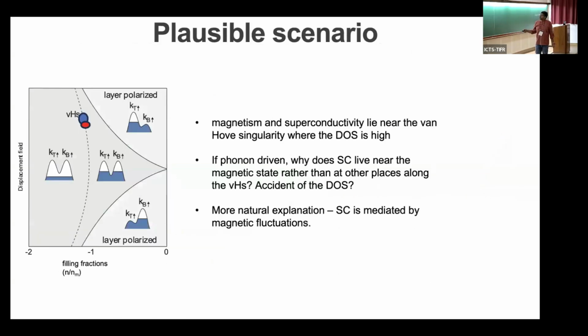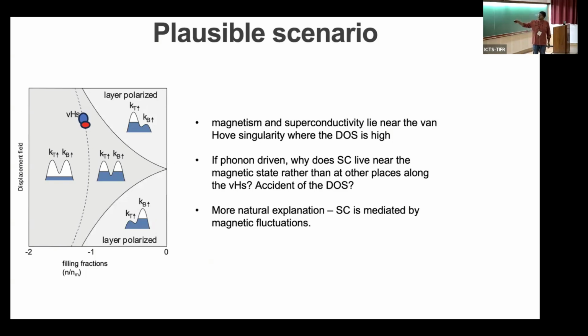Okay, so what's a plausible scenario? What we know for sure is both this magnetism or this Fermi surface reconstruction and superconductivity lie near the Van Hove singularity where the density of states is high. That's kind of obvious in all situations.